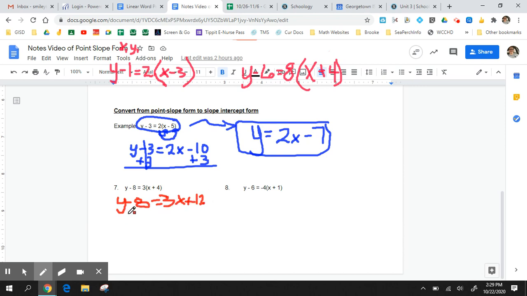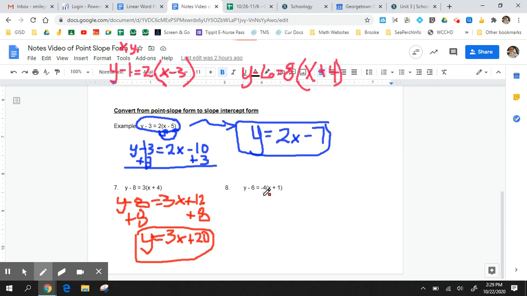And then your last step is to add the 8 to the other side. So 12 plus 8 will give you 20. So all together now we have y equals 3x plus 20.